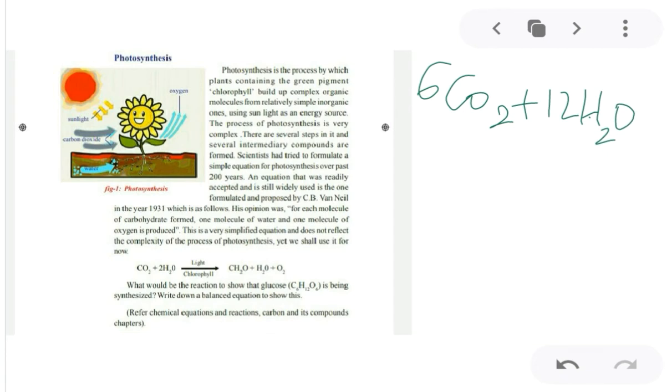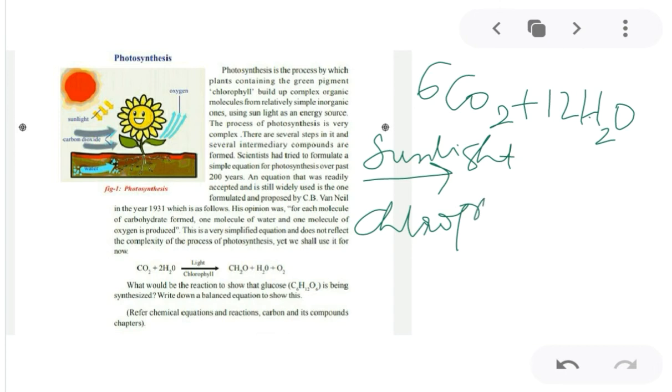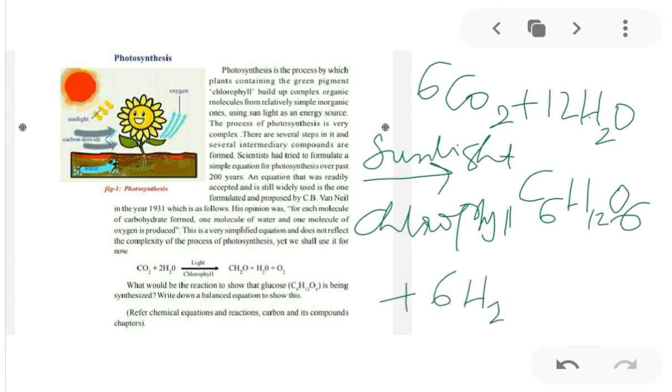So 6 molecules of carbon dioxide react with 12 molecules of water in the presence of sunlight and chlorophyll, to form one molecule of glucose, C6H12O6, plus 6H2O, 6 molecules of water, plus 6 molecules of oxygen.